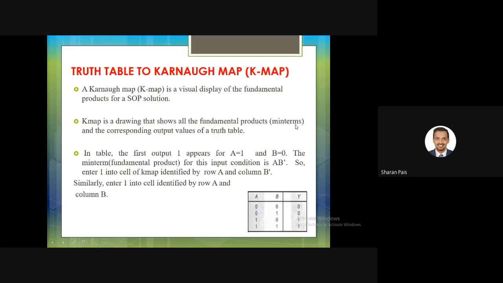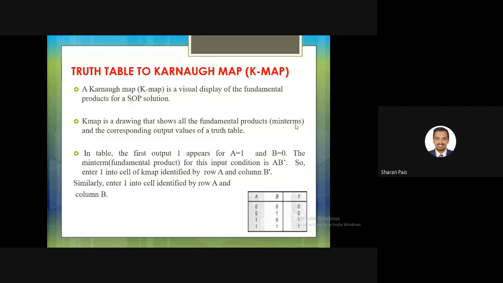Next. Whenever you are studying in your subject, whenever we are going for module 2, there is a concept called Karnaugh map or the K-map. So this is a simplification step.